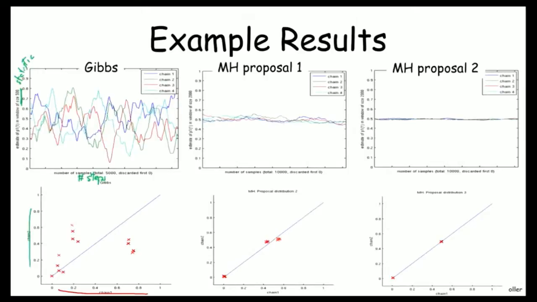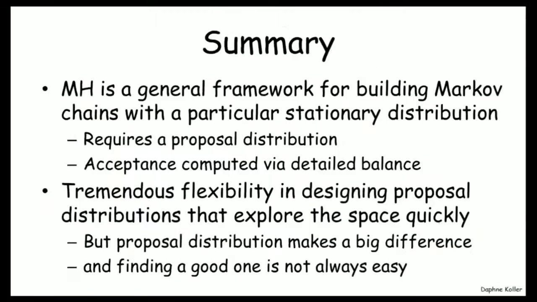And what we see here are the statistics for different probabilities, for example, the probability that this dot is matched to that dot. You can see that for the Gibbs chains, the estimates are very noisy, and the different chains give you divergent estimates. The first of the Metropolis Hastings gives you things that are almost on the diagonal, and here things are effectively exactly on the diagonal, perfect mixing.